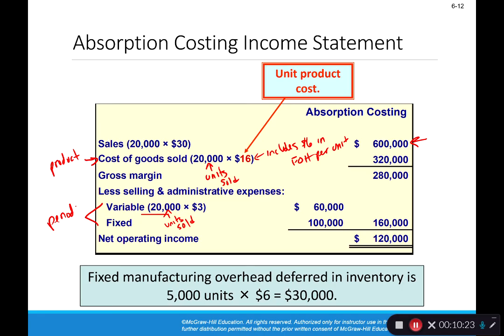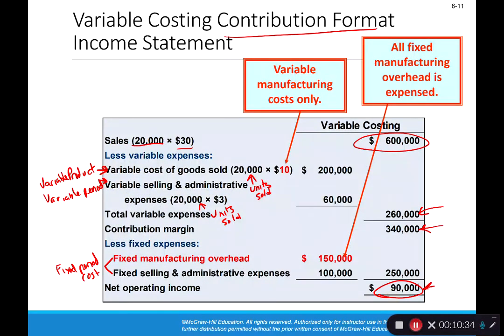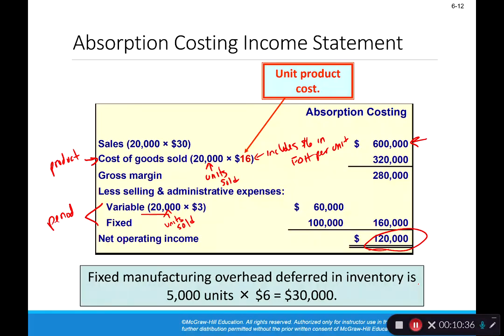That's the only difference between the two methods. So the difference in our income, you can see, is 120 under absorption versus 90 under variable. So that difference is the result of the fixed overhead getting sucked into inventory under absorption, and then it gets stuck there because we produced more units than we sold.